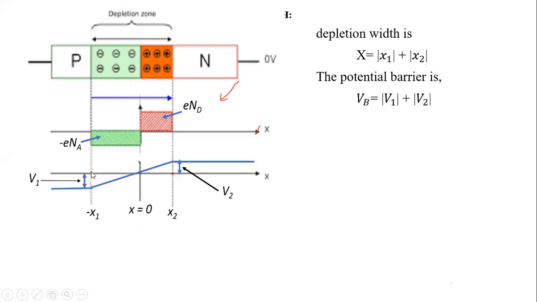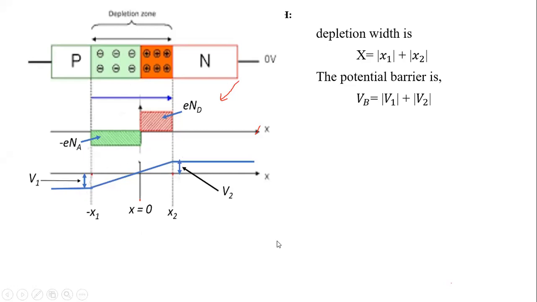So at x equal to minus of x1, the potential is minus of v1, that is the potential is on the negative side. And at x equal to x2, the potential is on the positive side, that is above the x axis. So on the n side, because of these positive ions, the potential is taken as positive plus v2. Here on the p side, it is minus of v1.